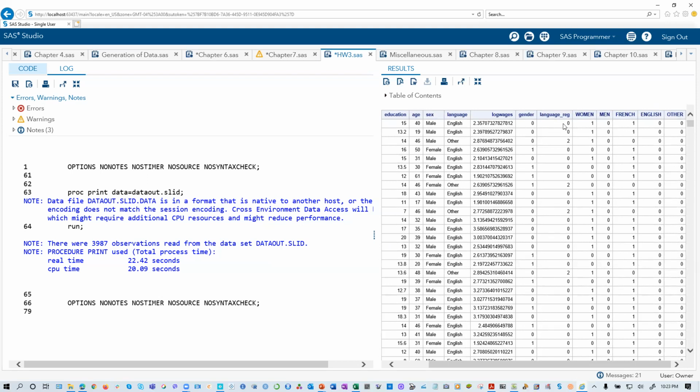See, language reg, gender. Within the language reg, now we're gonna call the same women and men, but still running, still running.